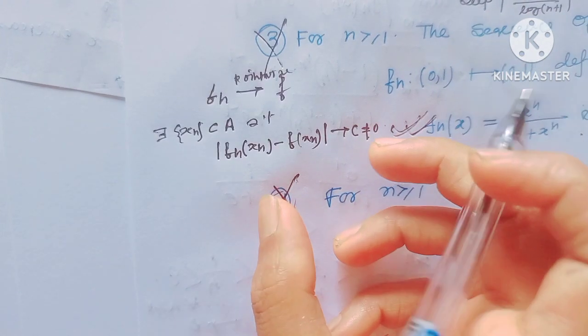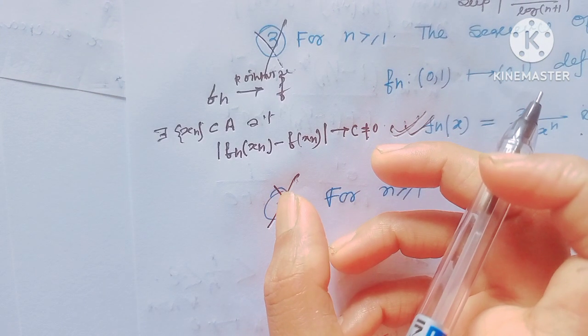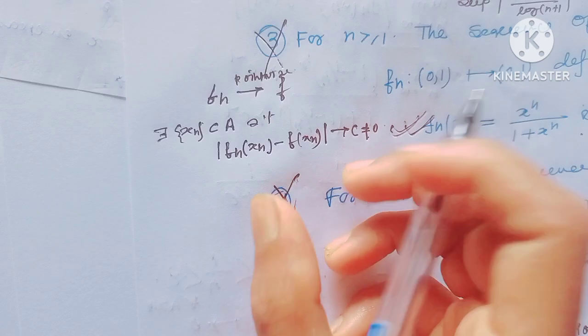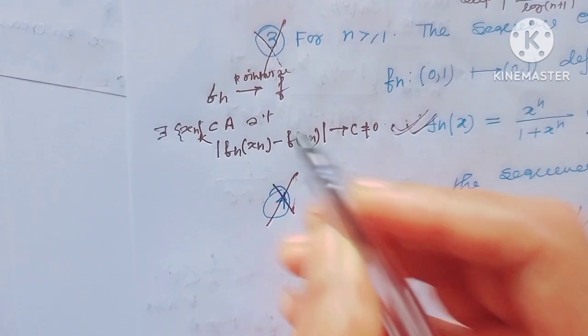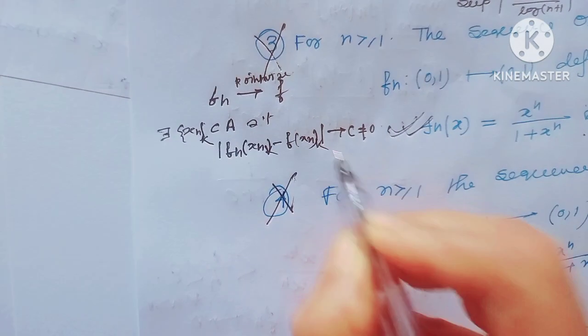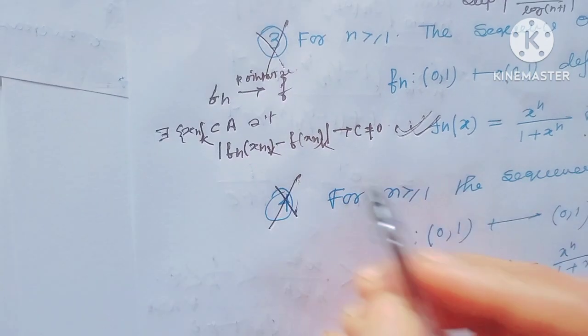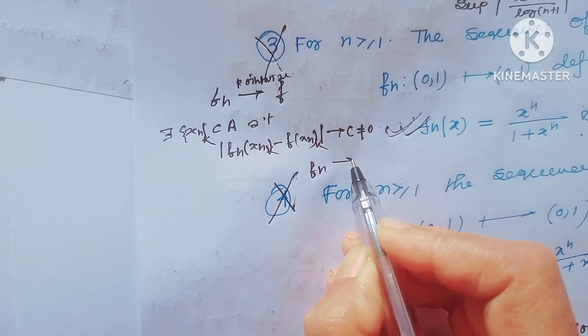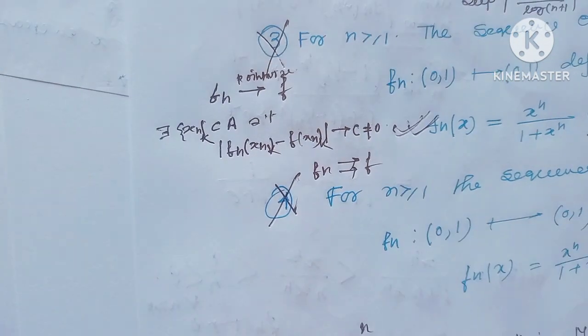Since we have got one subsequence, consider this x_{n_k}, the subsequence. Since this is not equal to 0, f_n does not converge to f uniformly.